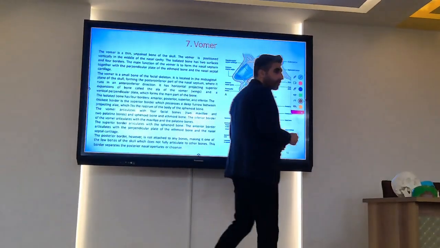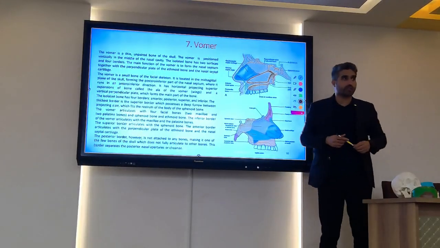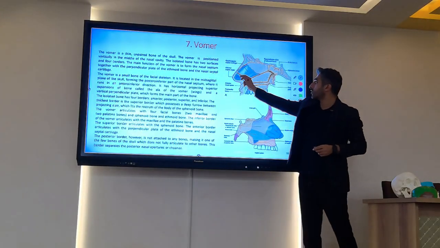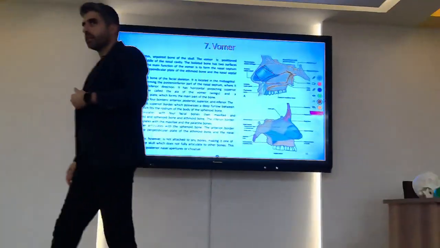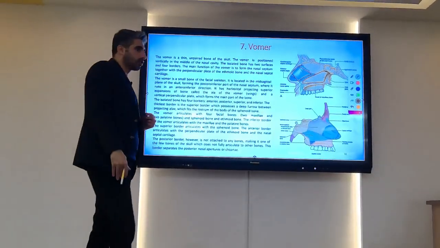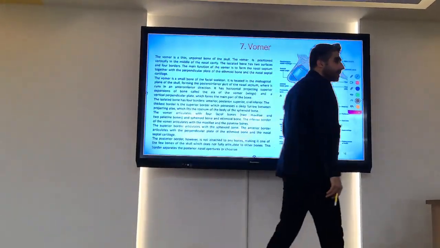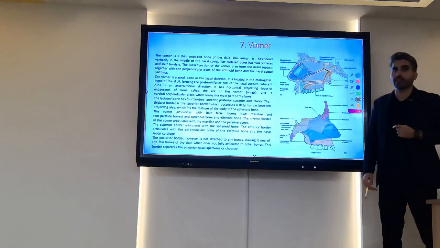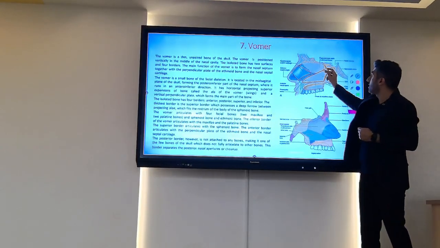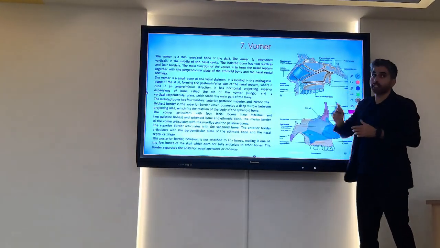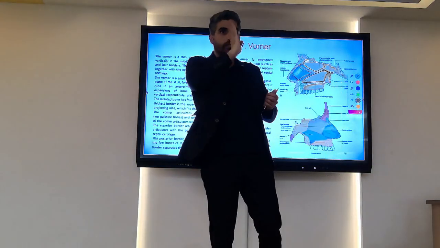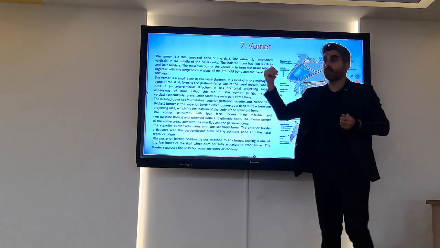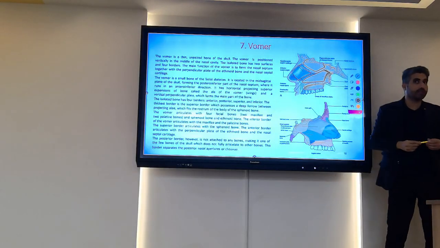So in the nasal septum, we have other structures. For example, the anterior side of the septum, you can touch it. Here, the anterior side is cartilage, flexible because it's septal cartilage. The superior part of the nasal septum, you can see the perpendicular plate of the ethmoid bone, as you can see in the picture.